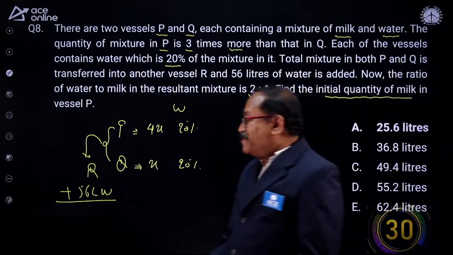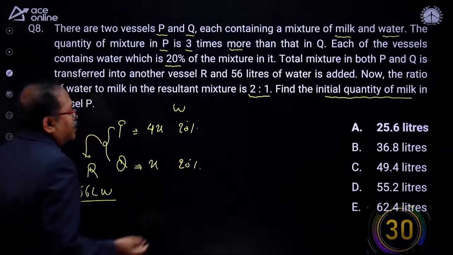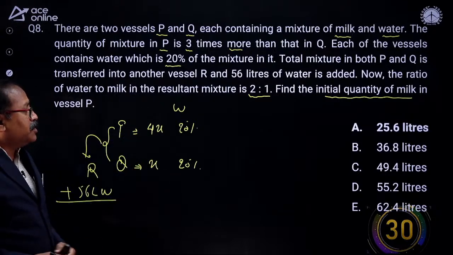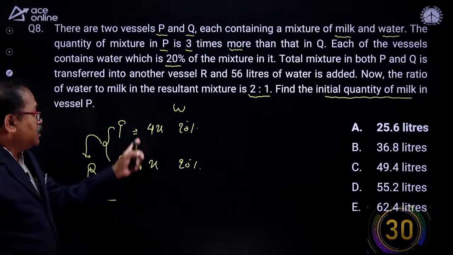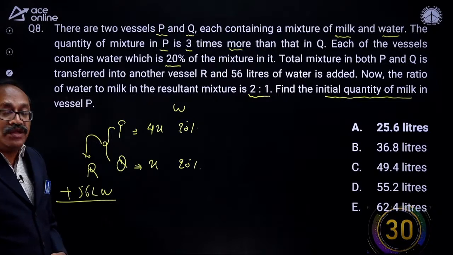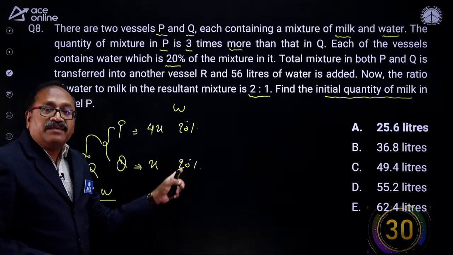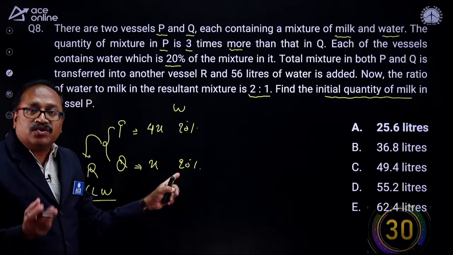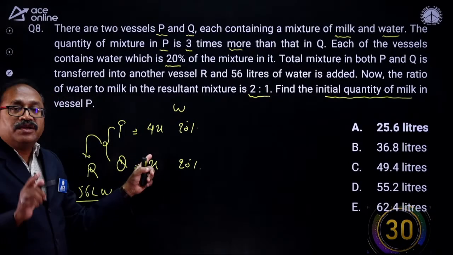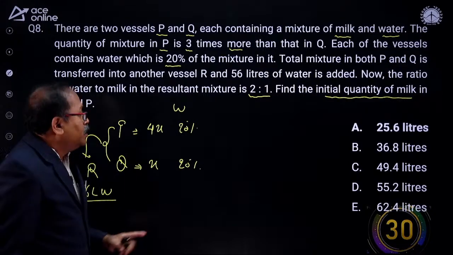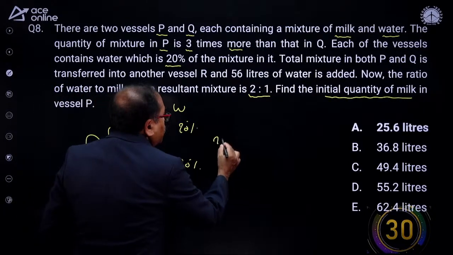चलिए निकलेगा. So if the total water is say here it is 20%, here it is 20%. That means can I find out the total is 5x. 5x 20% निकाल लेते हैं. So that is 5x 20% is 1. So total water is x.